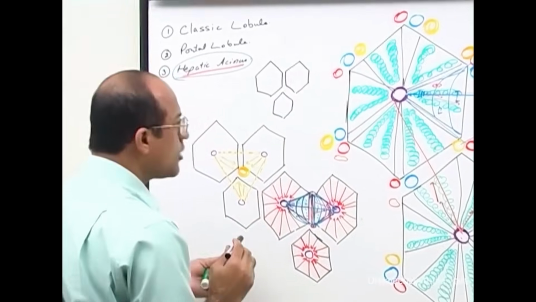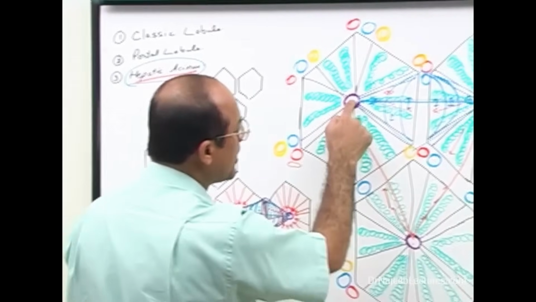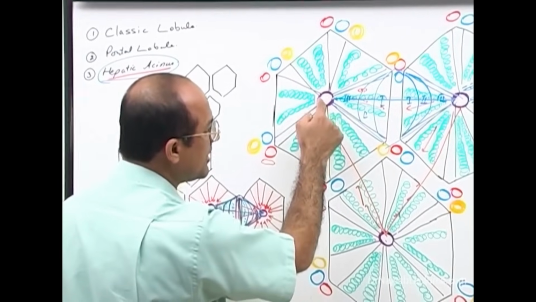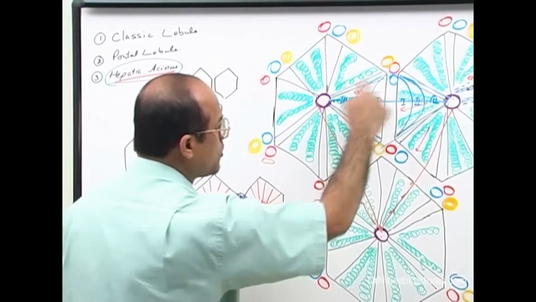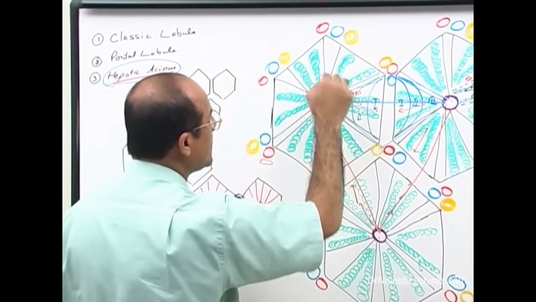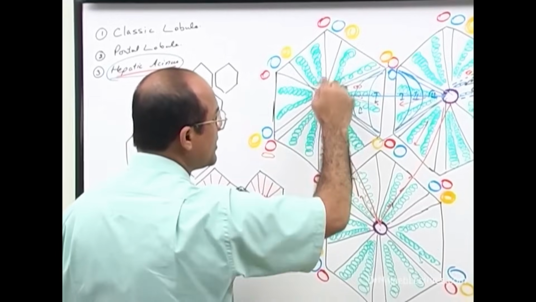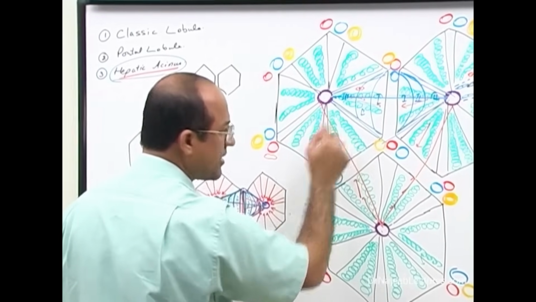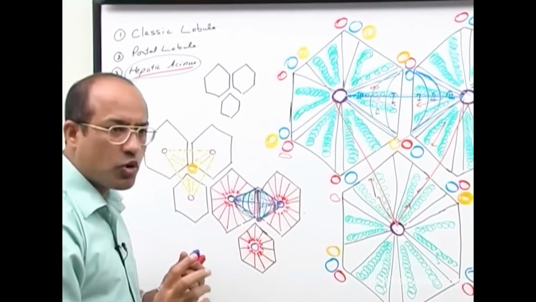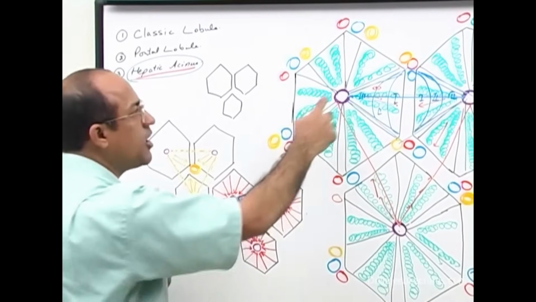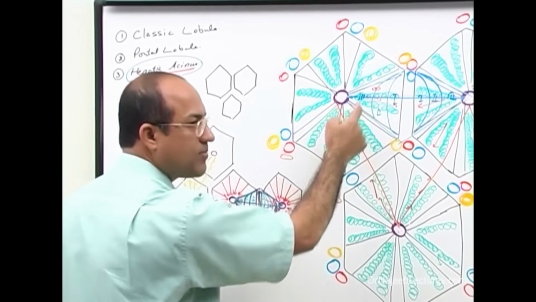Zone number 3. Now zone number 3 is around near the, what is this? Central vein. For this lobule here, then there is another lobule on this side, again here, here, and here. So zone number 3 hepatocytes are basically pericentral hepatocytes.